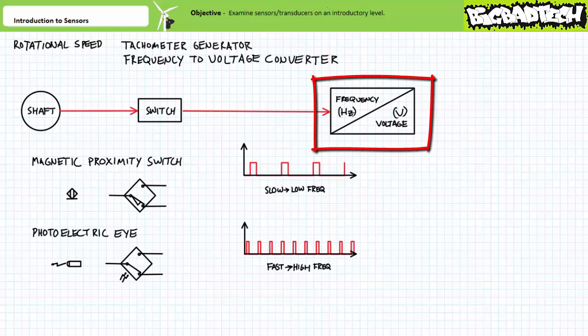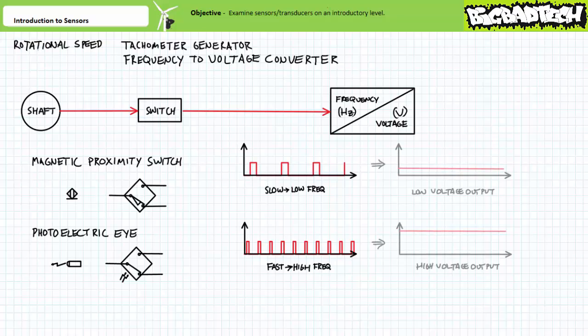The next stage is the frequency to voltage converter, which simply outputs a voltage proportional to the input frequency. Low frequency input results in a low voltage output. High frequency input results in a proportionally high voltage output.